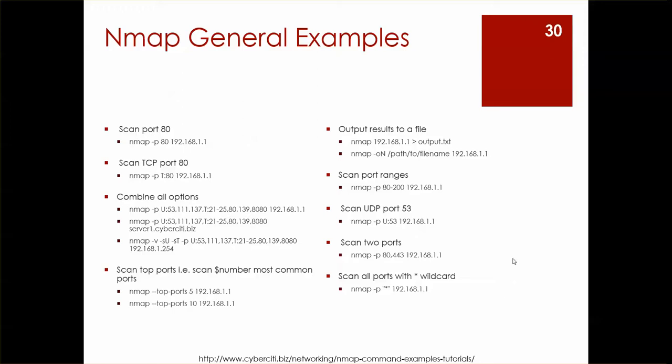Something to note is that sometimes when we're trying to evaluate a system, if it's the initial discovery process, we may be interested in evaluating all 65,535 ports. A usual good way to do this is with the -A option, which is really noisy.